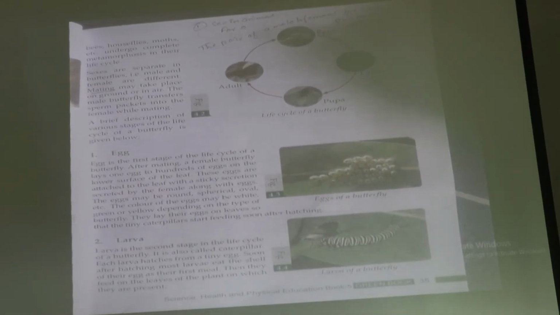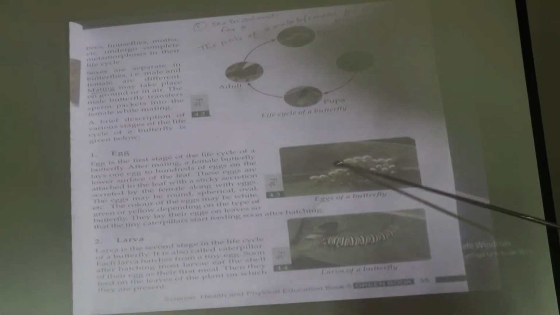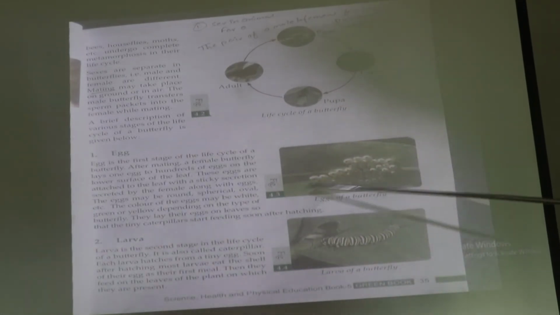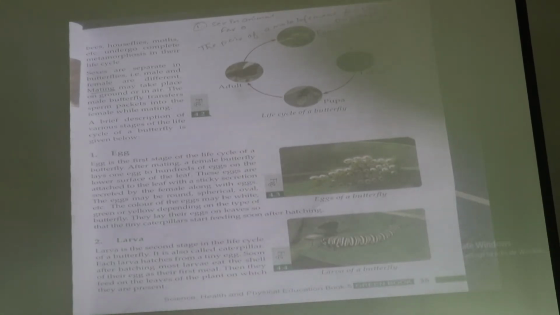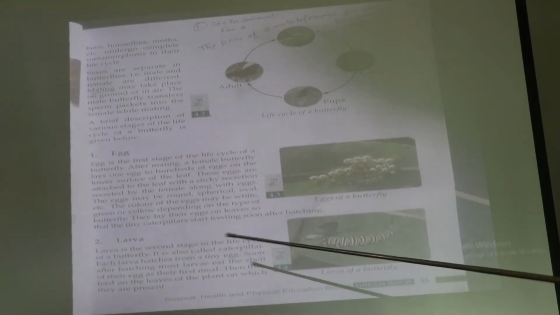They lay their eggs on leaves so that the tiny caterpillars start feeding soon after hatching. Feeding means to eat.